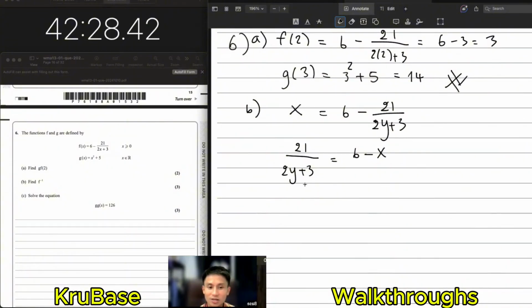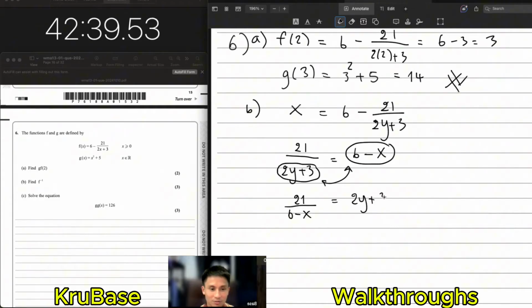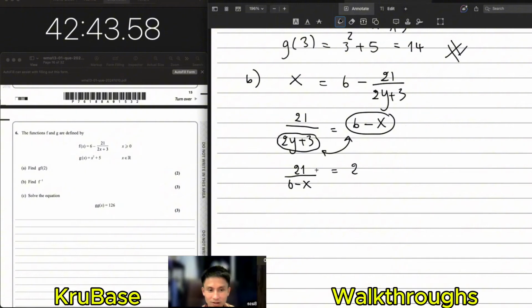And then what I can do here is look at these as big groups and swap them. So I have 21 over 6 minus x there equals 2y plus 3. Yeah? Hang on.